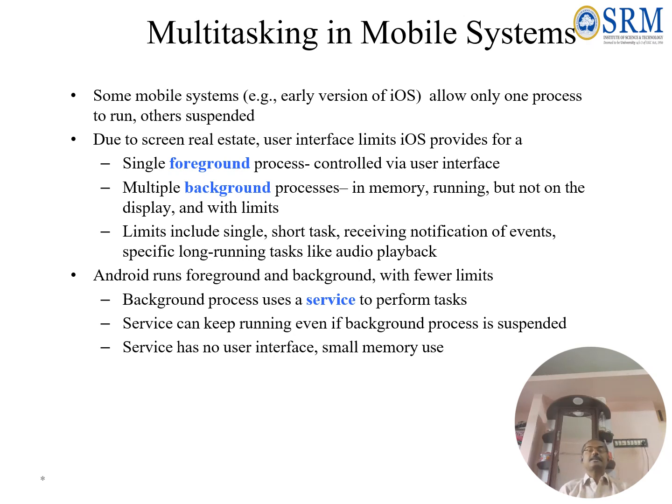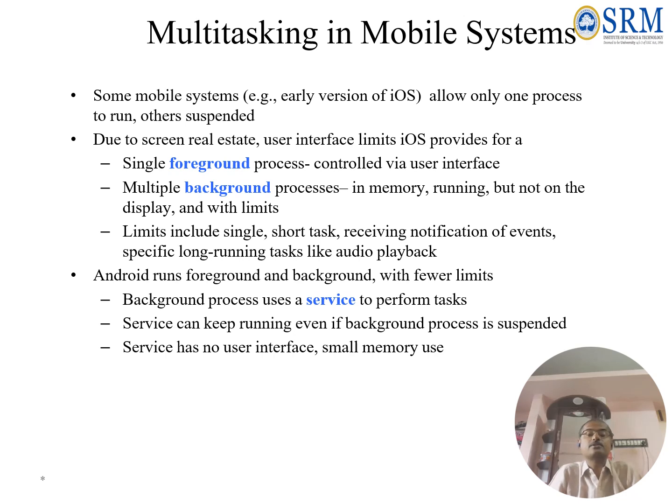Then multitasking in mobile systems. Some mobile systems, for example early versions of iOS, allow only one process to run, and others will be suspended. Due to screen real estate and user interface limits, iOS provides a single foreground process controlled via the user interface, and multiple background processes in memory running but not on the display, with limits.